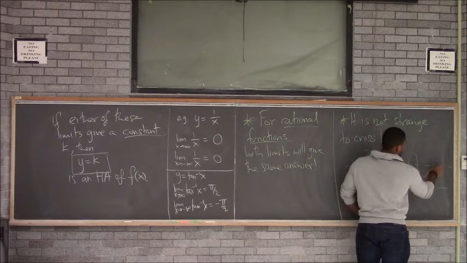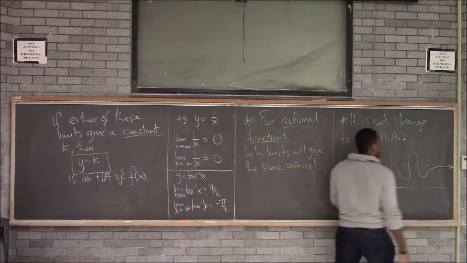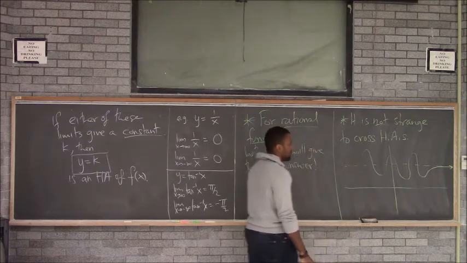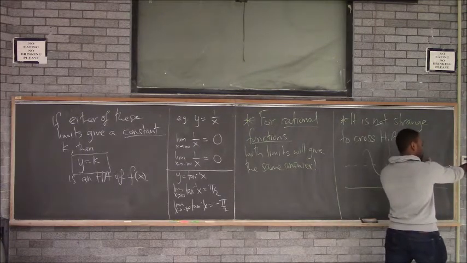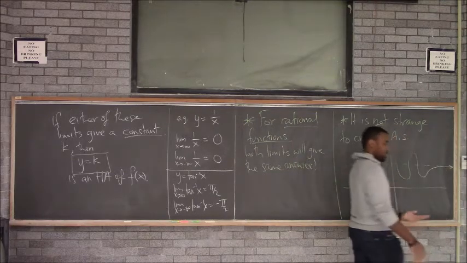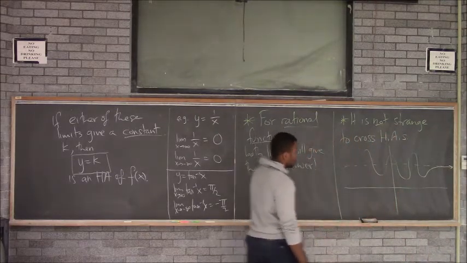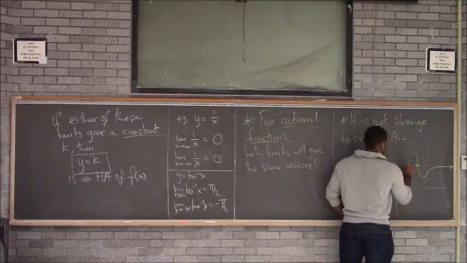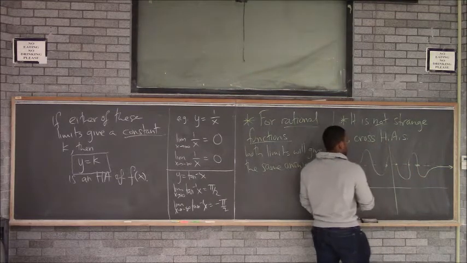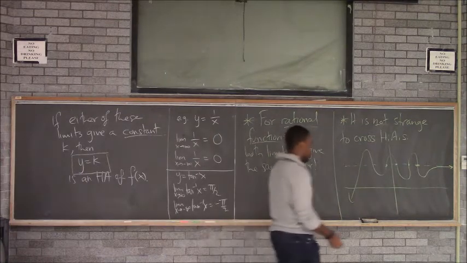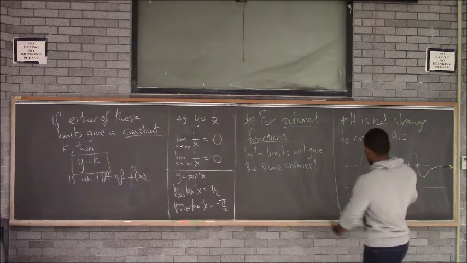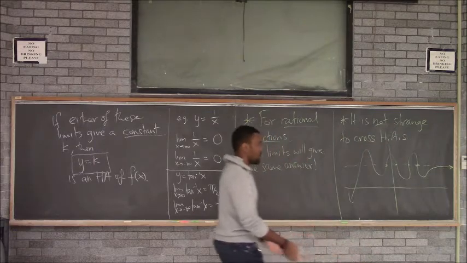But eventually, as you're going off to infinity, as long as there comes a point where it just keeps getting closer to that line forever, that line is called an asymptote. Now, you can cross that asymptote in the meantime. So don't think of it as strange if you cross the horizontal asymptote. That's more than normal. It's not weird at all.